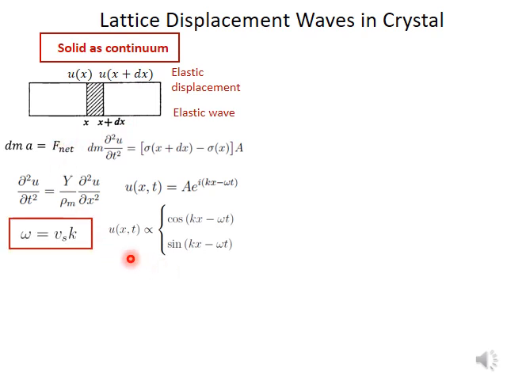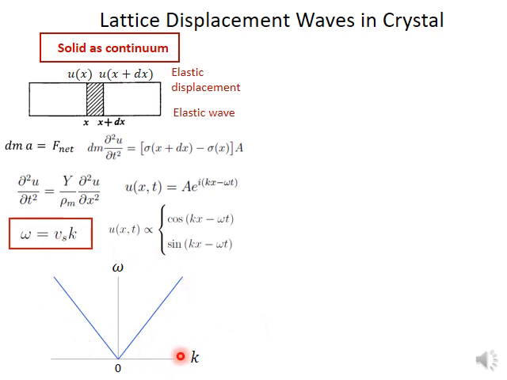We extracted the dispersion relation for such waves, and it turned out that the dispersion relation is a simple linear dispersion if you take this continuum approximation, where omega and k are linked by a constant, and that constant is the velocity of sound in this solid.